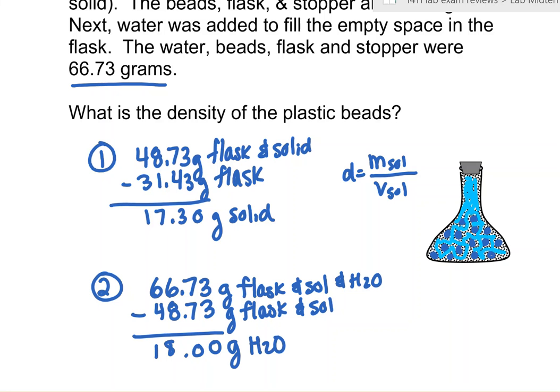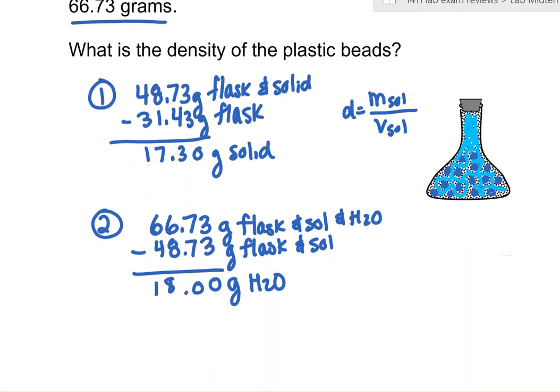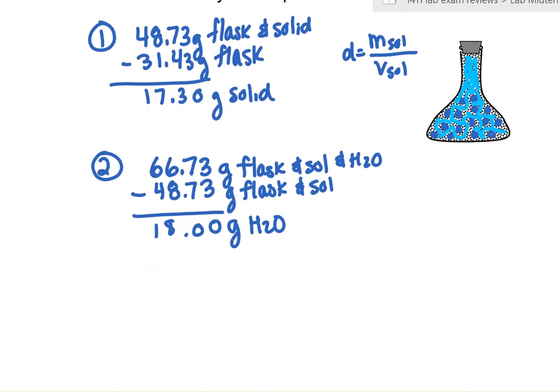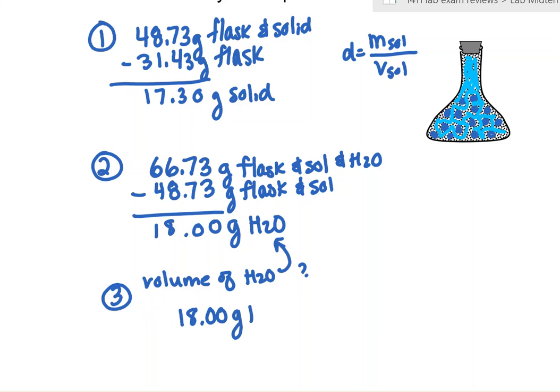And now we know the mass of water that fit in there. Like before, if we know the mass of the water, then we can figure out the volume of the water. And we do this using the density of water that will be given.